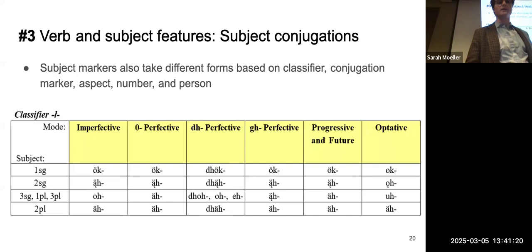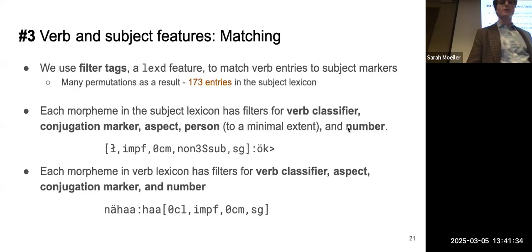And also, here's an example of the subject variation. This is one of our 4 classifiers for the subject markings and broken out by aspect. As you can see, there's a lot of different forms that we all had to incorporate into our transducer. And then how we pull this all together, we used filter tags, which is a feature of LexD, to match the verb entries to subject markers. There's a lot of combinations.